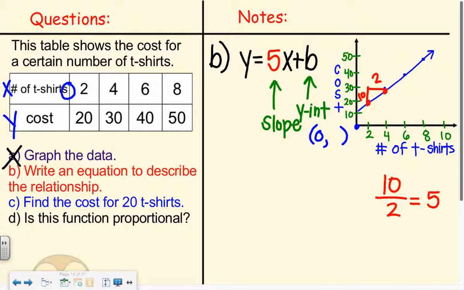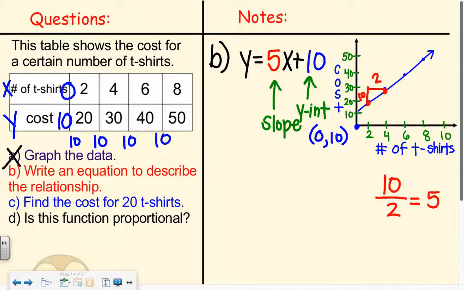So notice the top is counting by 2, 0, 2, 4, 6, 8. The bottom, I have to figure out what number would come before 20. Well, we said from 20 to 30 it was 10, 30 to 40 was 10, 40 to 50 is 10. So 10 to 20 would also be 10. So that means that (0, 10) is my y-intercept. So 10 is what I'm going to plug in here.